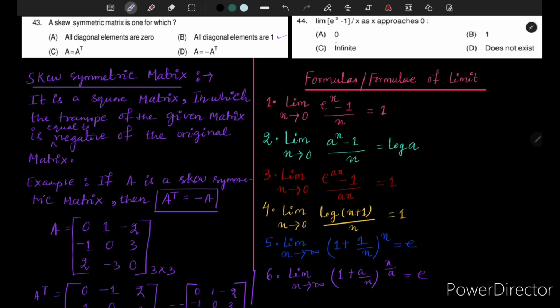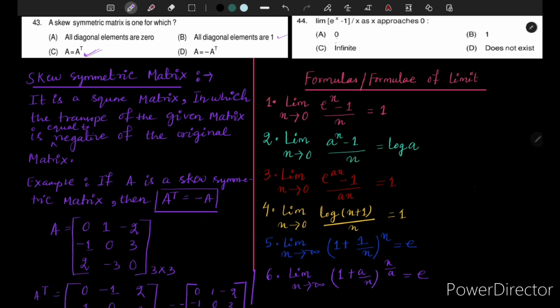I have already discussed different types of matrix, and in that session I discussed the skew symmetric matrix and the symmetric matrix. Then what is a skew symmetric matrix? It is the opposite of a symmetric matrix, because in case of a symmetric matrix option C is applicable.